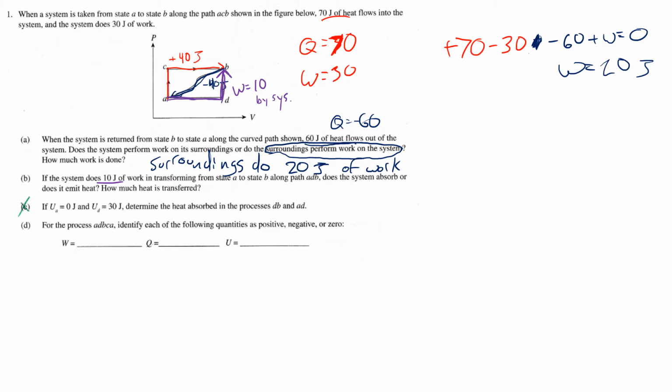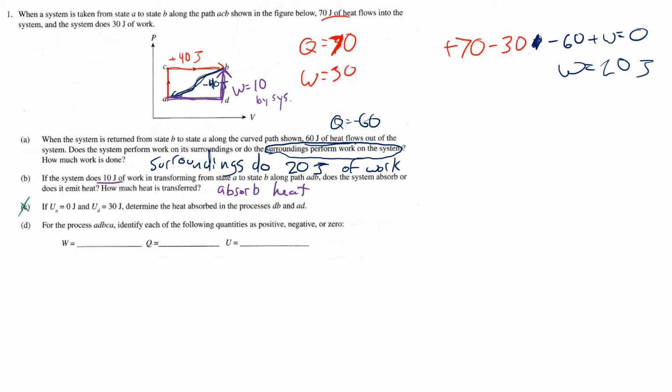All right, does the system absorb or does it emit heat? Okay, so we still have to gain 40 joules. We have to be 40 joules up by the time we get to the end of this purple road. Now we lost 10 joules from work because we did work. This means that we have to absorb heat.